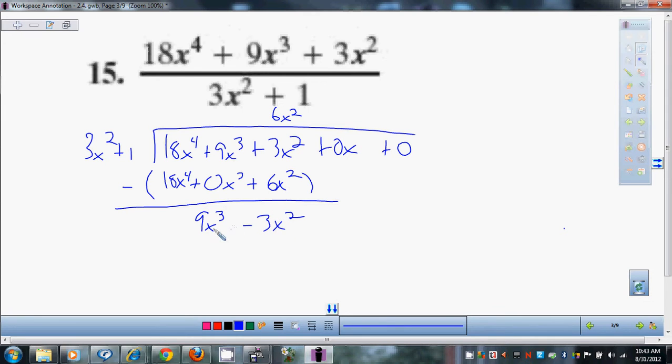Alright. 9x cubed divided by 3x squared. Very good. Multiply it back through. 9x cubed and 3x. If you want to add the 0, that's probably a good step to take.